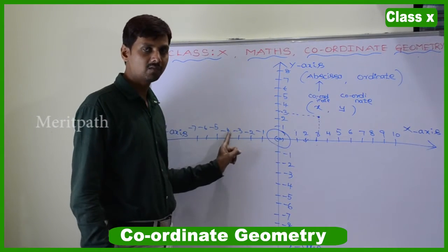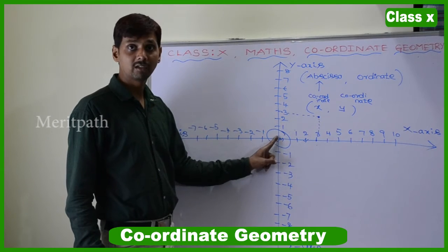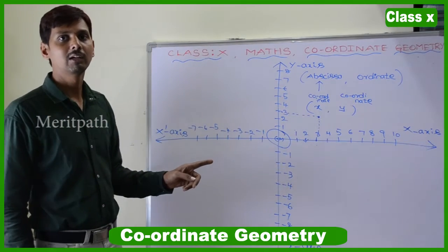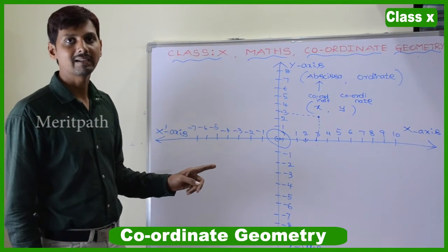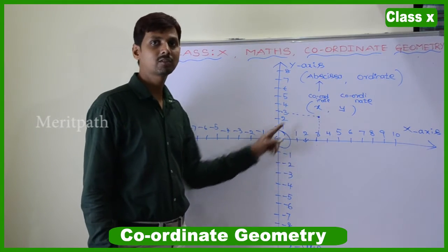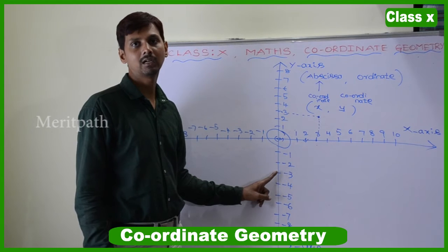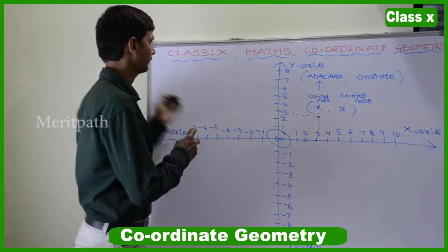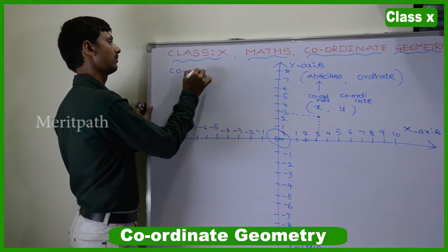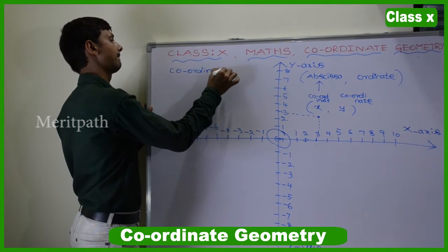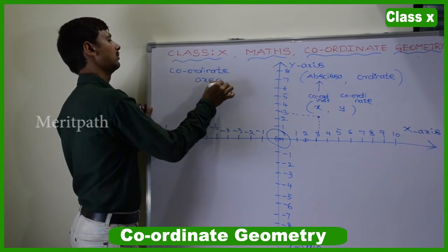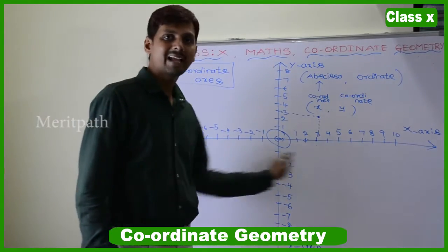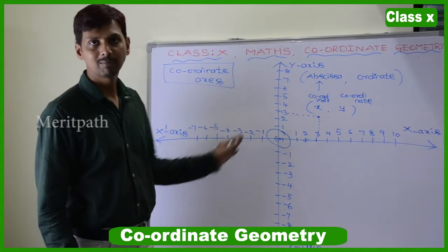The x-axis and y-axis together are called the coordinate axes. The x-axis and y-axis will divide the plane into 4 parts.